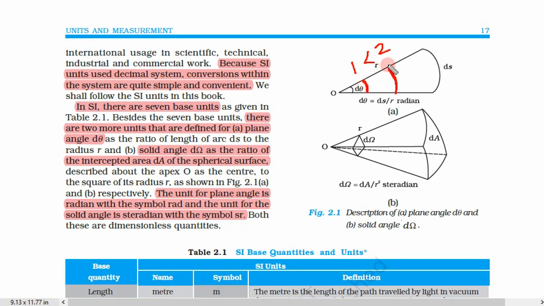This is less in length, this is more in length, but the angle at this point is d theta. If you see the angle at this arc, this is also d theta. Angle here is also d theta. Angle here is also d theta. So the angle remains constant. Though the size of the arc is increasing, the angle will remain constant.